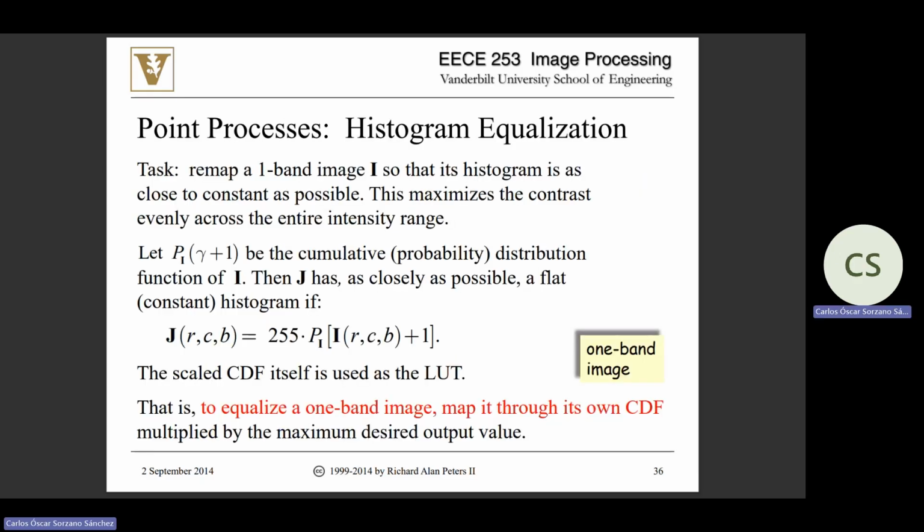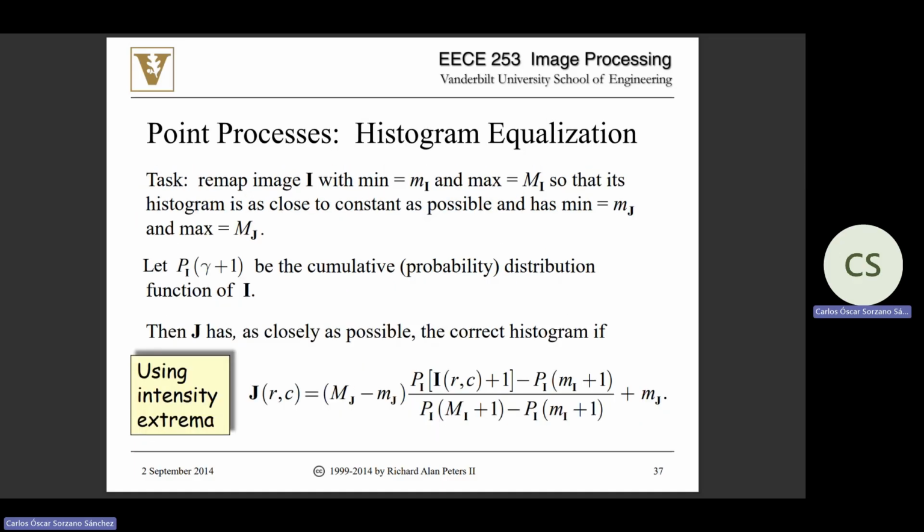Okay, so now we will define histogram equalization as another point operation. This point operation will take the gray value in a band, go through the CDF, and then scale it back to 255.